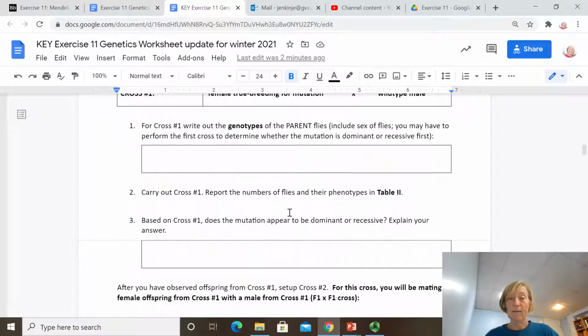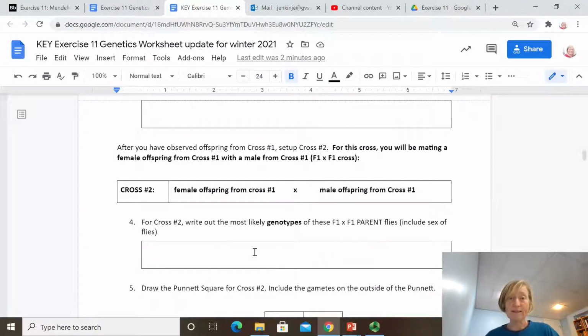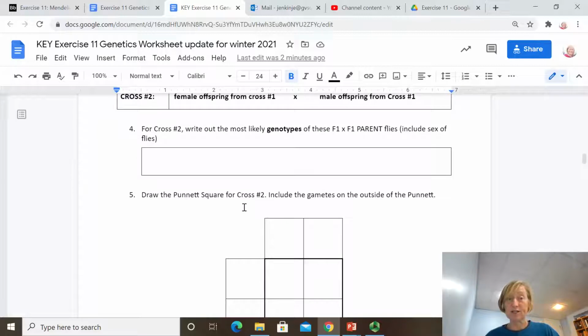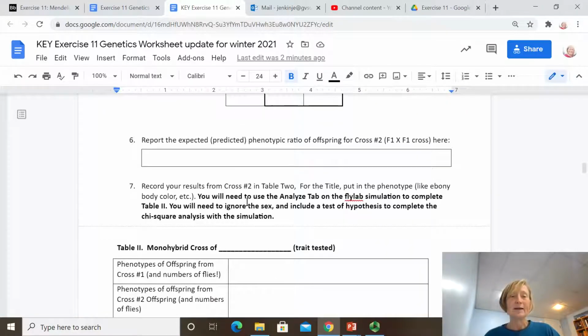We're going to answer the question, does the mutation that we're looking at appear to be dominant or recessive? We're going to do a second cross. And we're going to write down some genotypes and draw the Punnett square for the second cross. We're going to write down our predicted phenotypic ratio for cross 2 based on our Punnett square.